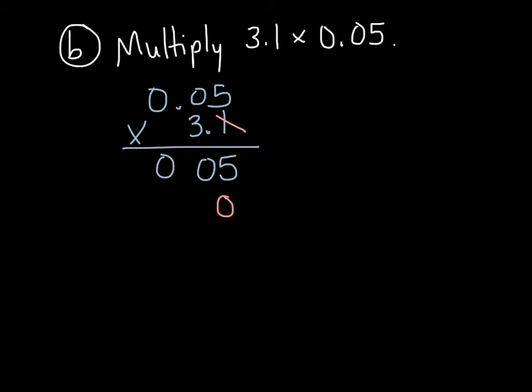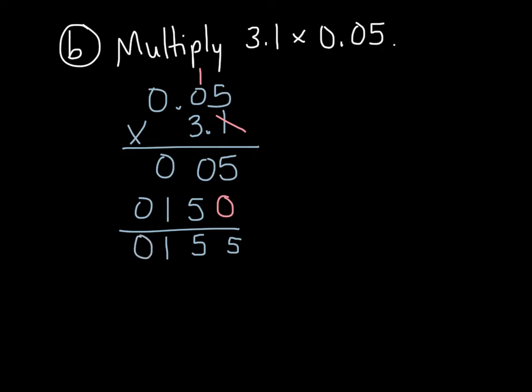So 3 times 5 is 15. Write the 5, carry the 1, and then 3 times 0 is 0, plus 1 is actually just 1, and then 3 times 0 is 0, and then we add those up, 5, 5, 1, 0.